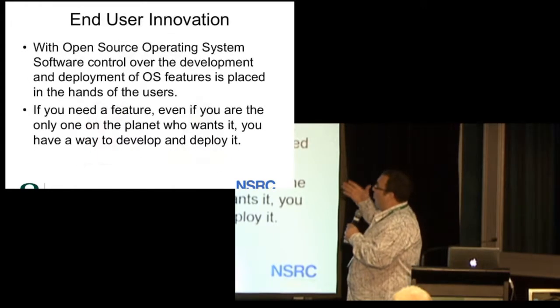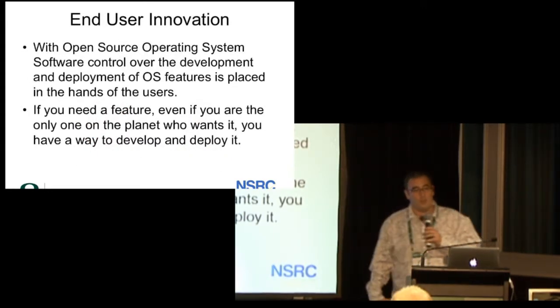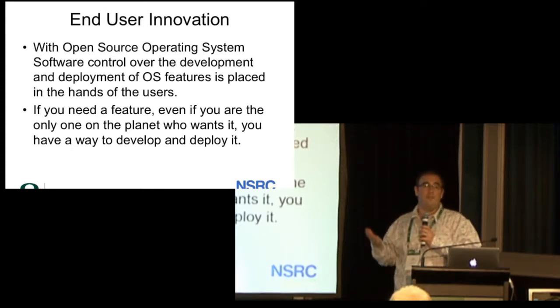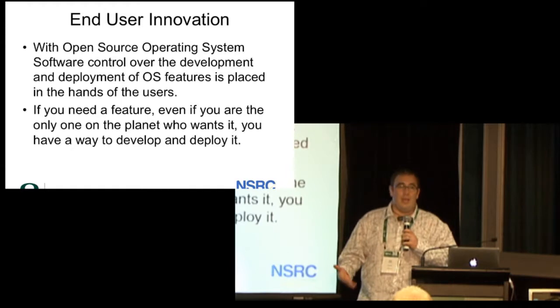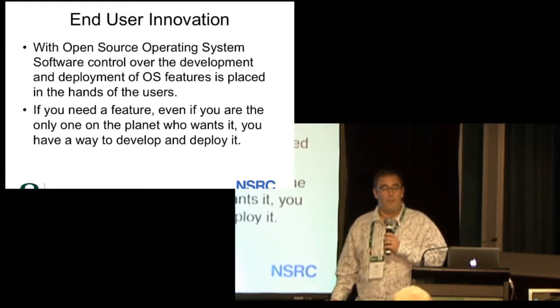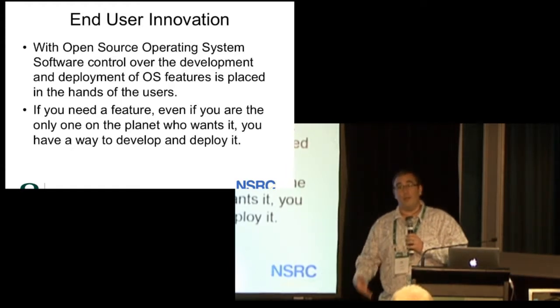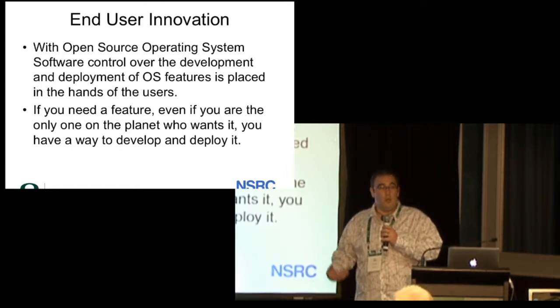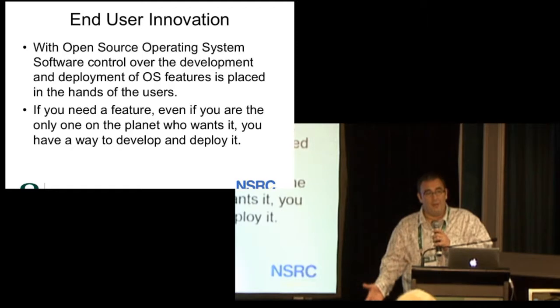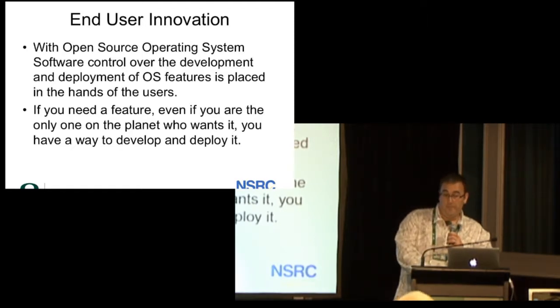So with the open source operating system, the control over the development and deployment of the features was placed back in the hands of the users. All right? The speed of deployment, the direction of deployment, and all the innovation around those features was given back to the users rather than in the hands of the vendors.